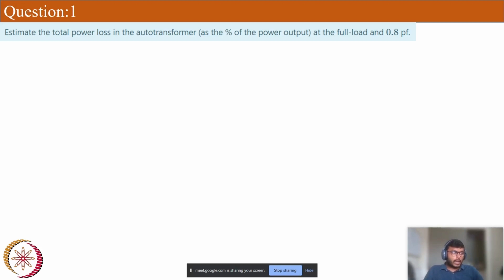So when my transformer was operating as a two winding transformer, what will be the losses? Let's say I am operating my auto transformer as a two winding transformer. It means there is only isolation, there is no electrical connection.